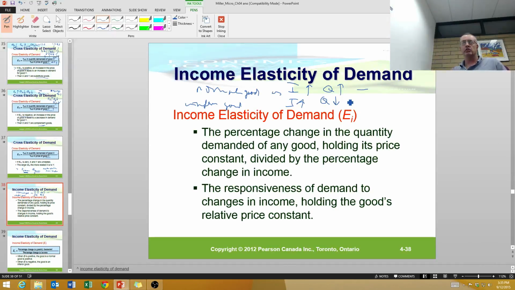It'll decrease. Good examples of this are used vehicles, as our income goes up, we tend to buy better vehicles, and Kraft Dinner. Or living at home with your parents. As your income goes up, you're probably going to shift out of living with your parents and get your own apartment.